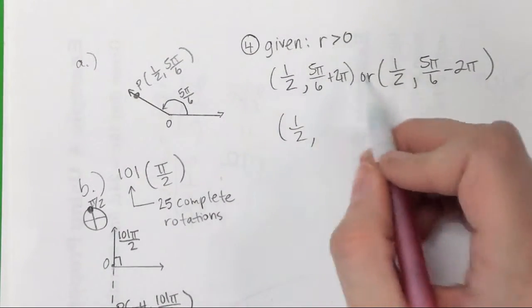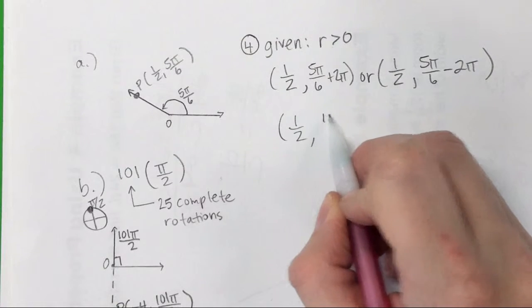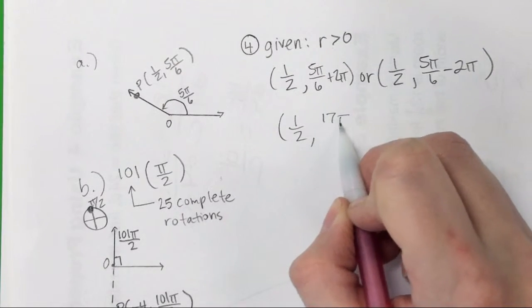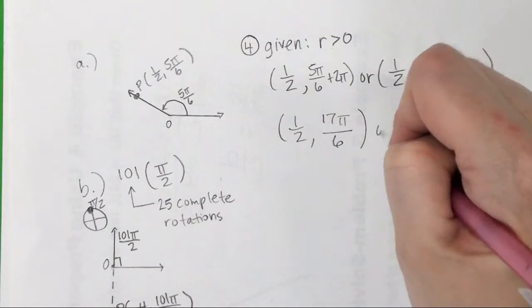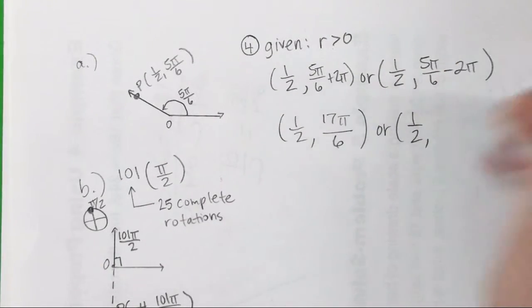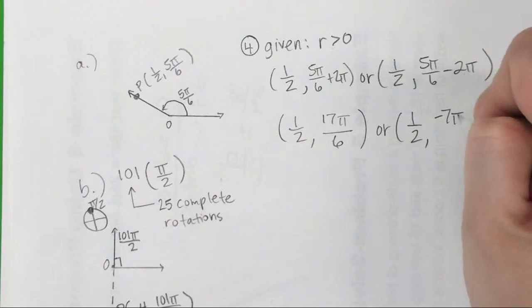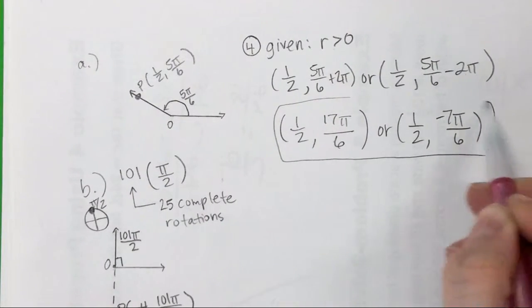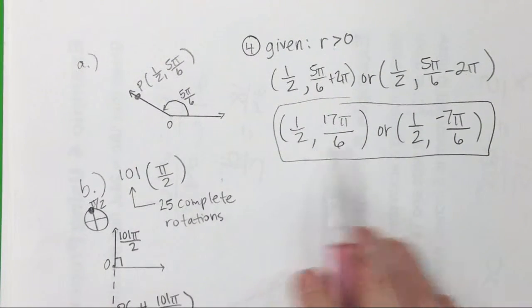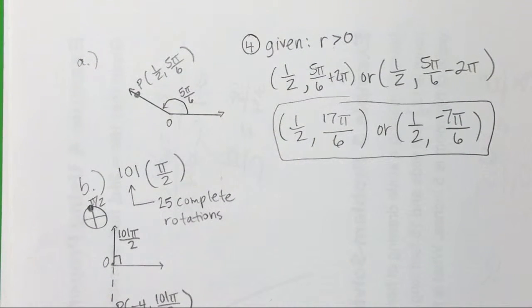So if we do 5 pi plus 12 pi, it would be 17 pi over 6. And if we did 5 pi minus 12, it would be -7, so -7 pi over 6. Either of these points would be fine for when R is positive.